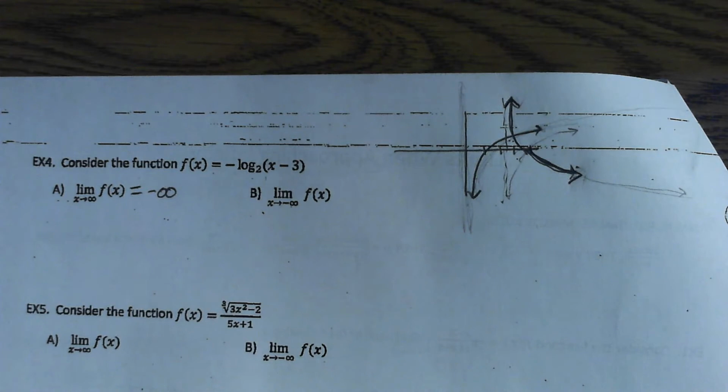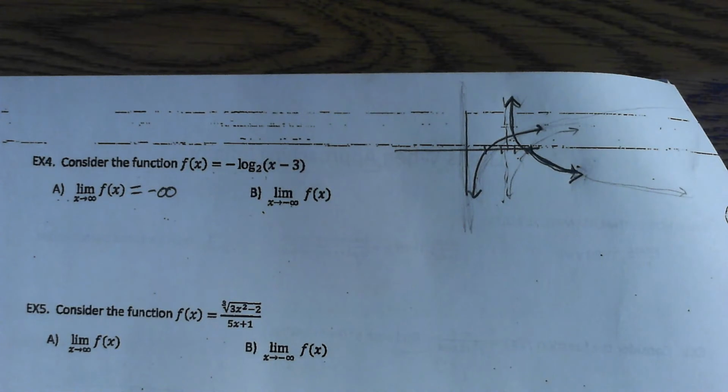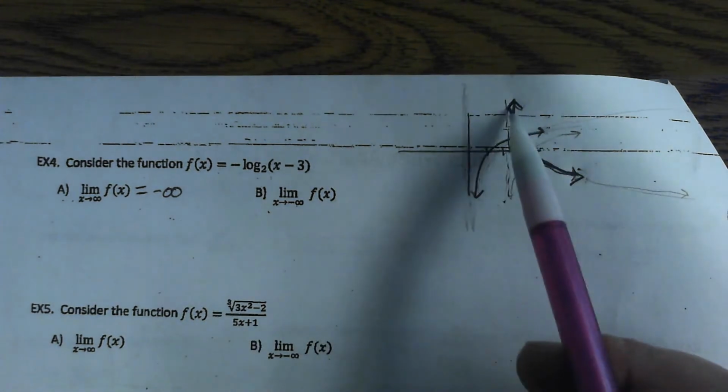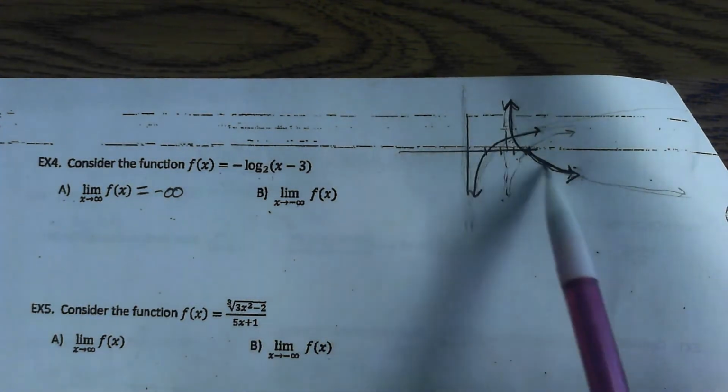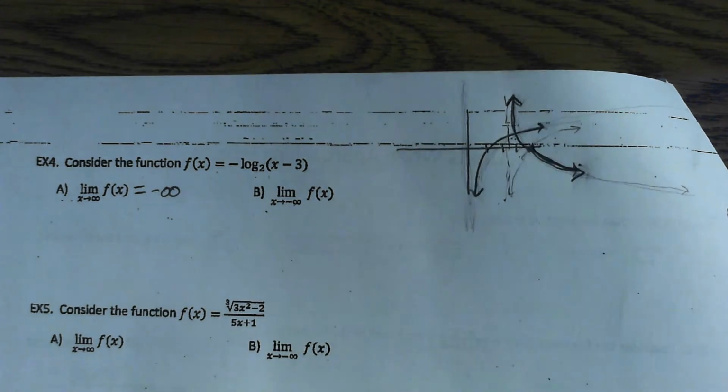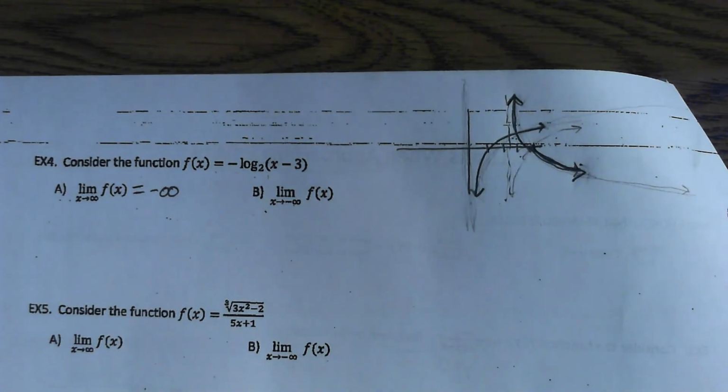And what is the limit of this graph as x approaches negative infinity, would you say? John? This graph right here, are you looking at? Where's 3 coming from? The asymptote?